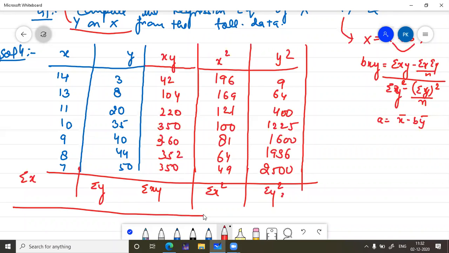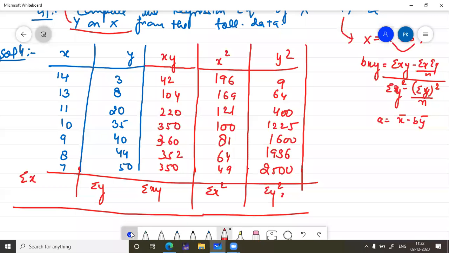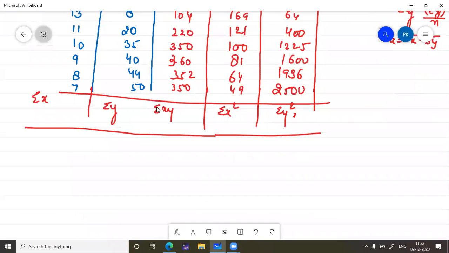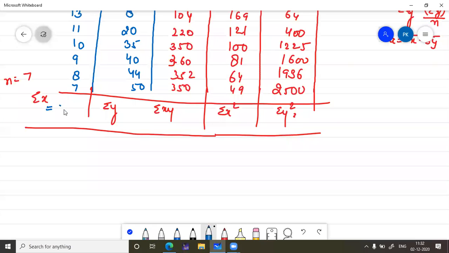So find out these values and substitute them in the formula, and you can find the regression equations y on x and x on y. I am writing directly here: total n is 7, 7 data sets are given. Summation of x is 72, summation of y is 200, summation of xy is 1778, summation of x square is 780, and summation of y square is 7734.